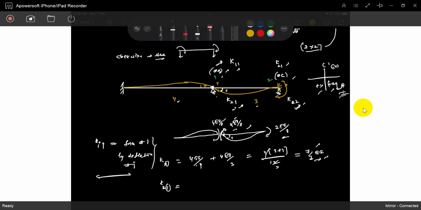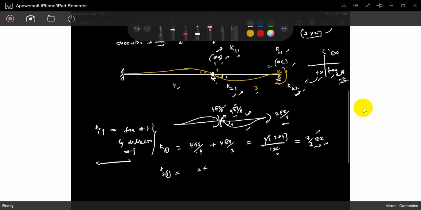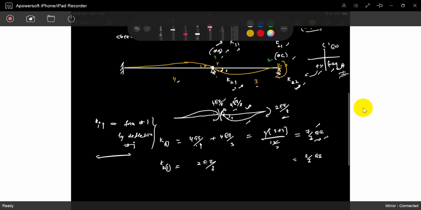Half of the 10 goes to this, half of the 30 goes like this. Same thing. Here 4EI by L is applied for this span, 2EI by L goes in this direction. So 2EI by L, L is 3, that is 2 by 3 EI.